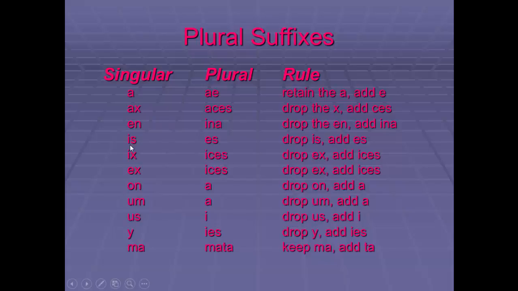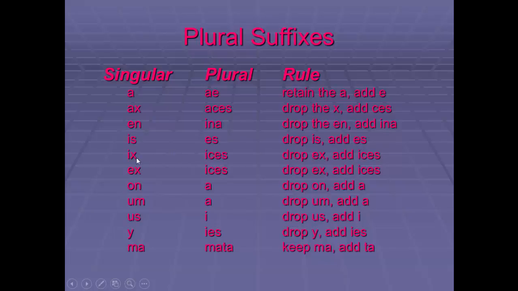A singular term ending in IS, the rule is to drop the IS and add ES. So diagnosis is a singular term, and to drop the IS and add ES, it will become diagnoses, which is the plural term of that word.